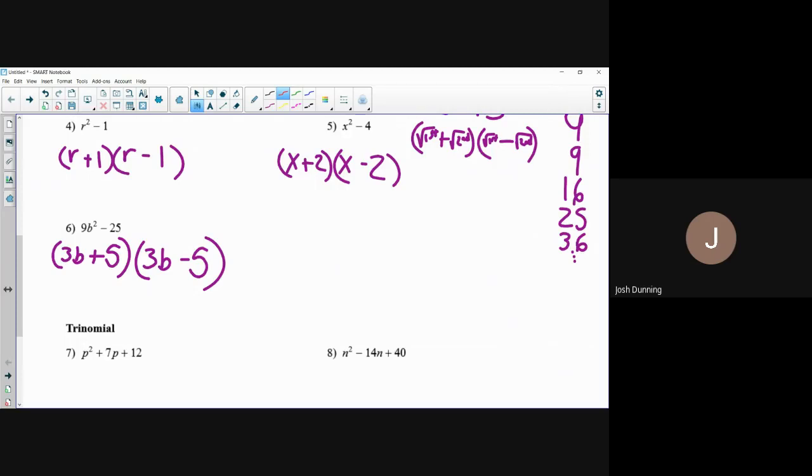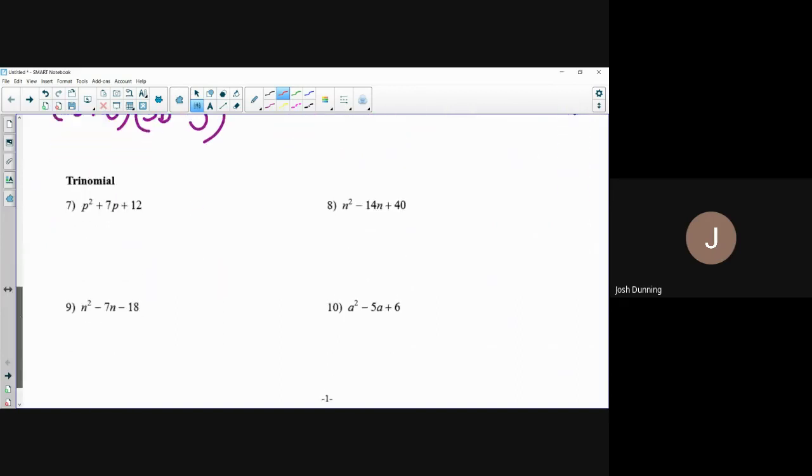Now, usually in algebra, people don't think DOTS is that bad. Once they remember it, they're usually fine with that. The hardest part is just remembering. But the next section, the trinomial, this tended to cause more problems for algebra students. And even when you get to trig, still, some people have trouble remembering and figuring this out.